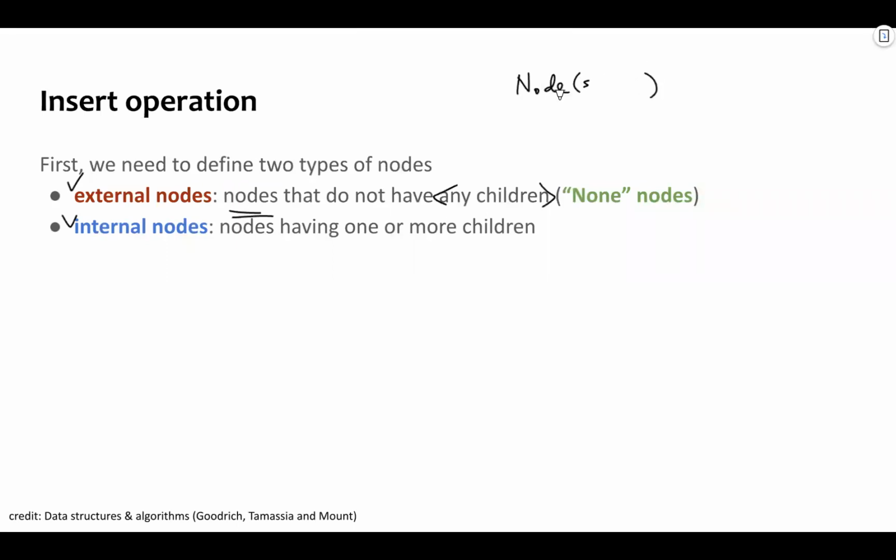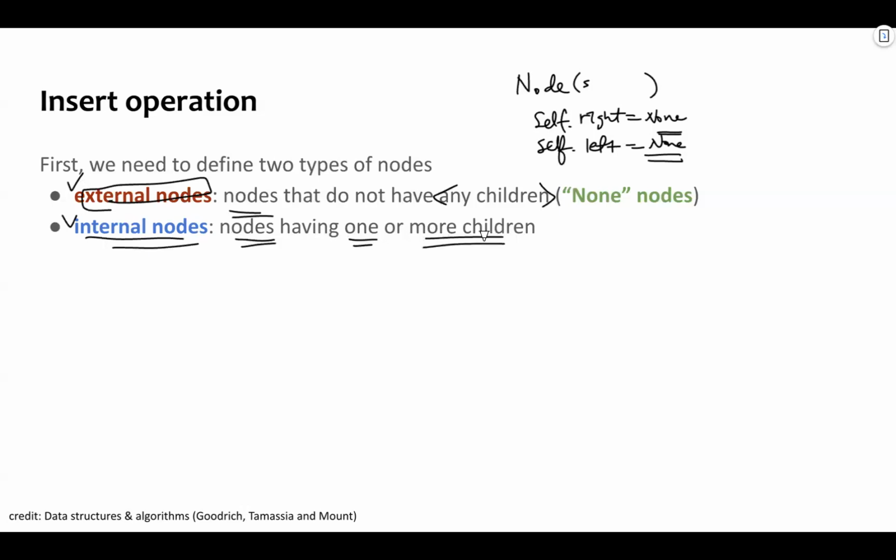When defining the node class, we defined self.right as None by default and self.left as None. These None nodes are actually external nodes. And internal nodes are nodes having one or more children.